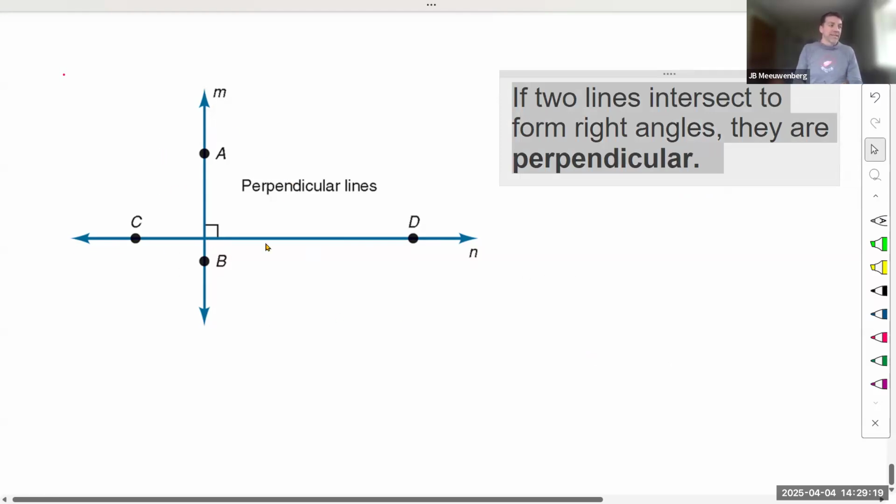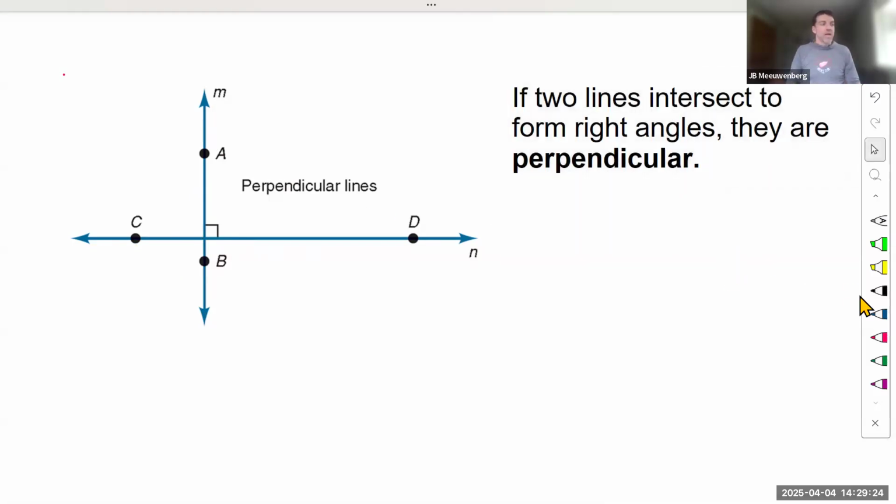They're always going to cross like a T, or maybe make an L. We can say that lines M and N, as we're notating them here, are perpendicular, and we use the notation of an upside down T. This says M is perpendicular to N. That's how we state that. Line M is perpendicular to line N.